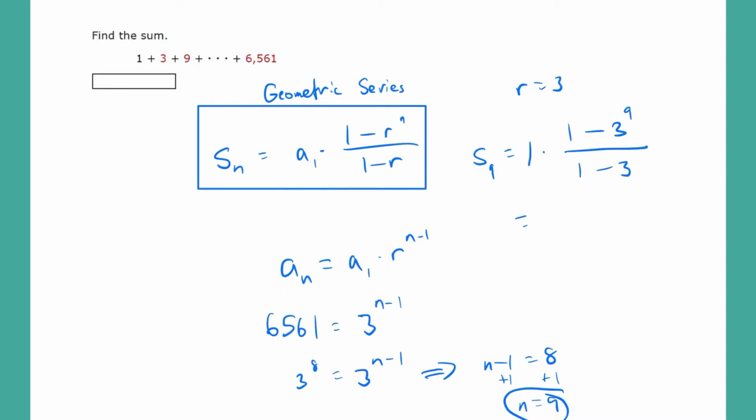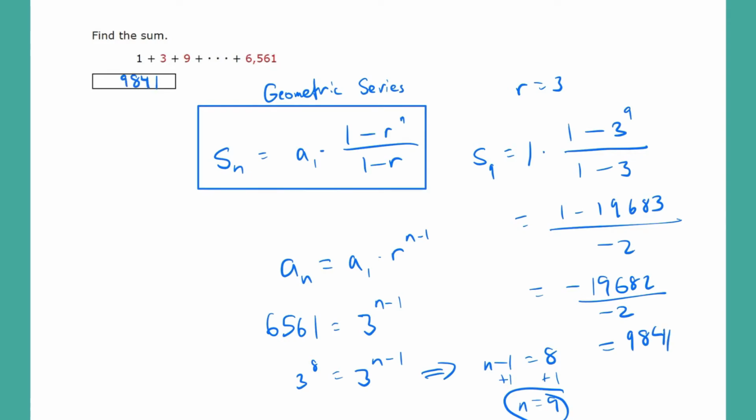So 1 minus 3 to the 9th is negative 19682, over negative 2. And if you divide that, you're going to end up with the final answer, which is 9841.